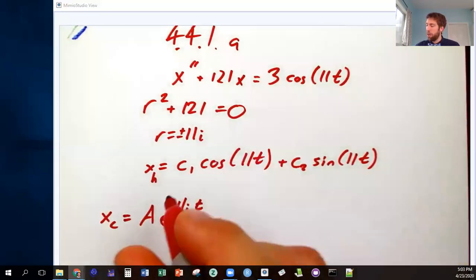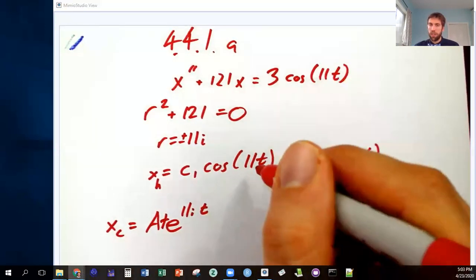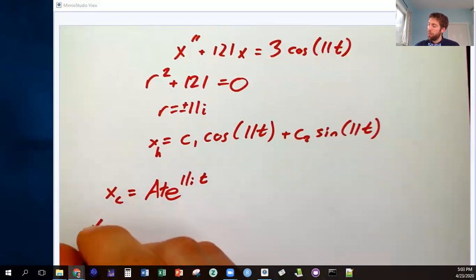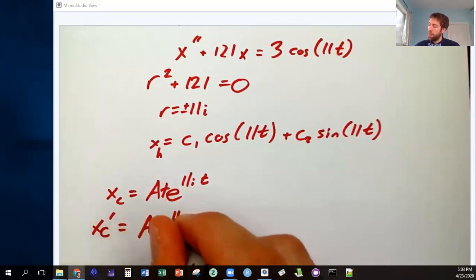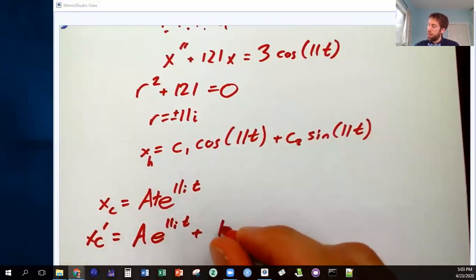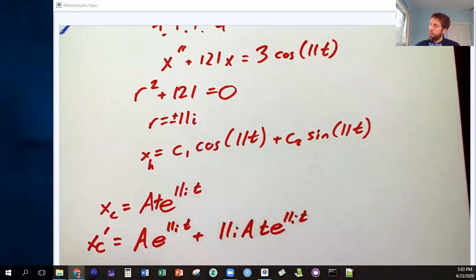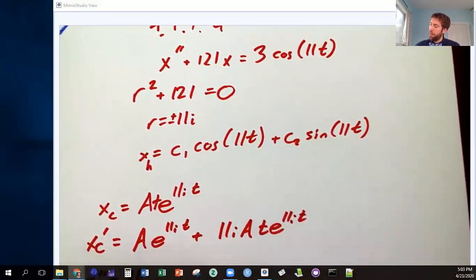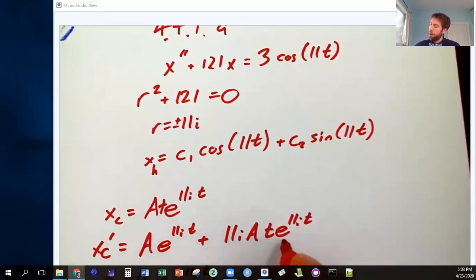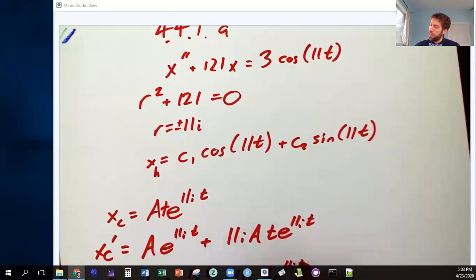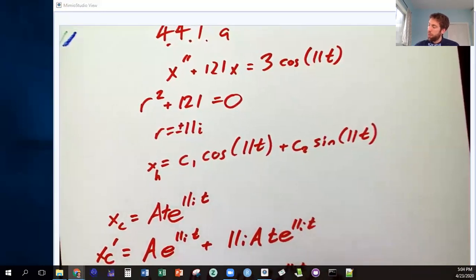Except no, we need an extra t in there because 11i matches the homogeneous solution. So x complex prime equals a e to the 11it plus 11i a t e to the 11it, and x complex double prime equals 11i a e to the 11it plus, using the product rule, 11i a e to the 11it, and then plus negative 121 a t e to the 11it.